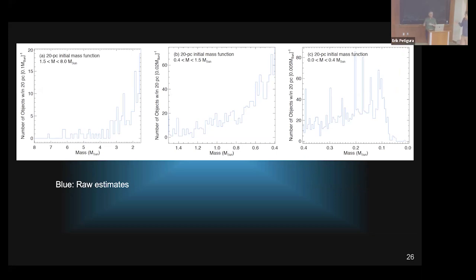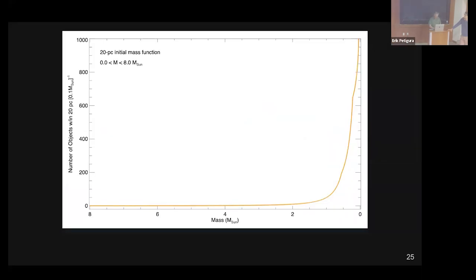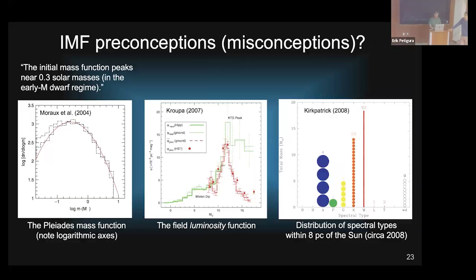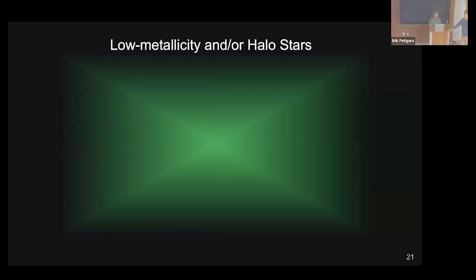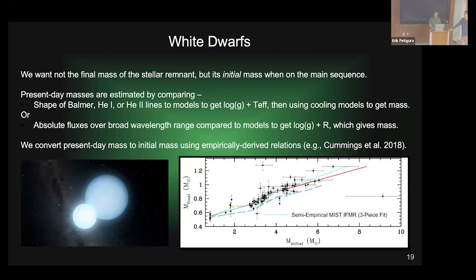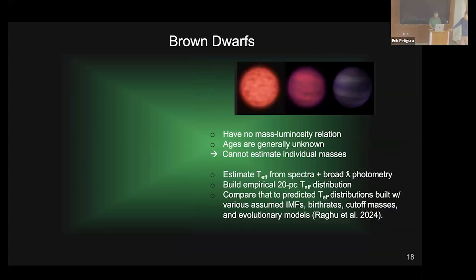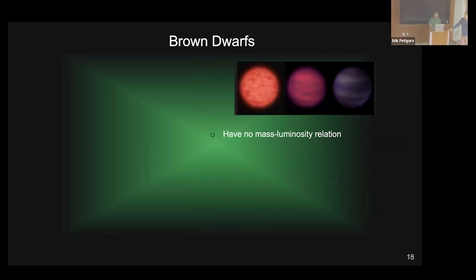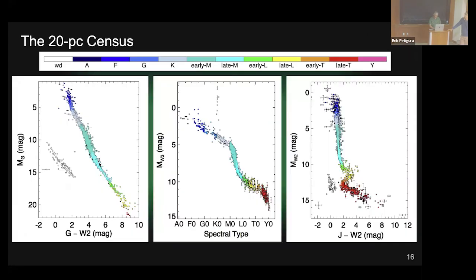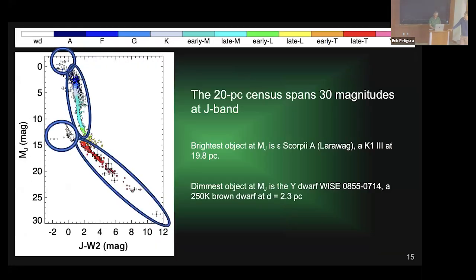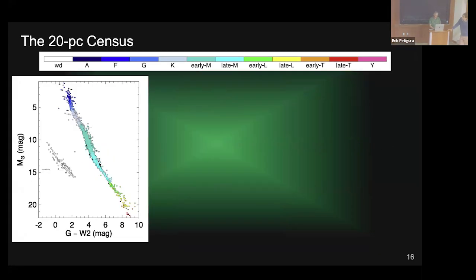Wondering if you could go back to your Gaia HR diagram there. Because I'm not that worried about missing white dwarfs here. I wasn't before this talk. Yeah, I would go back to the Gaia one.